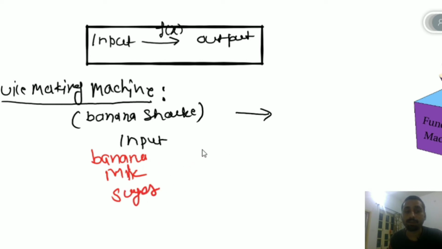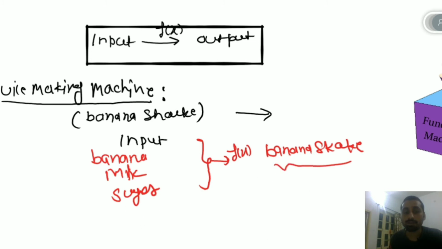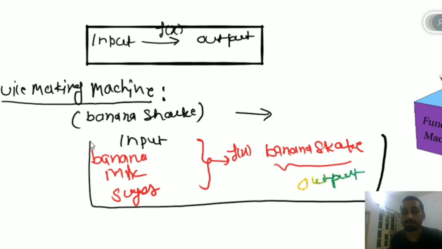With the combination of this input we get some output, which is the banana shake. So this is the input, and this is the output. This input to output relationship is called the function.